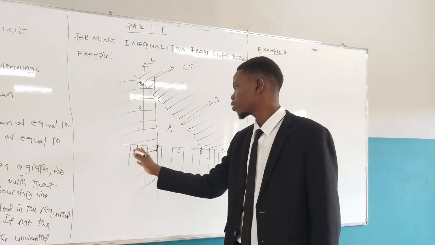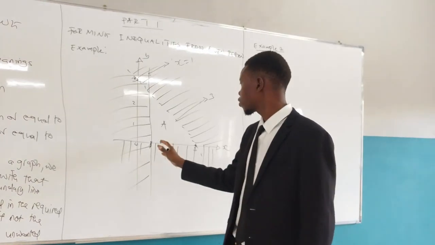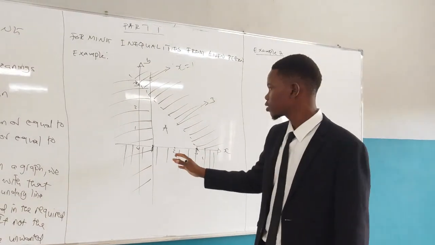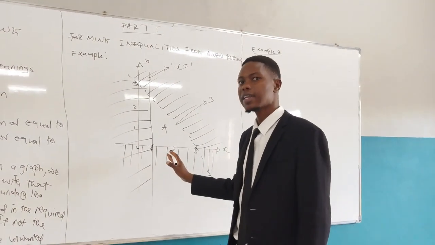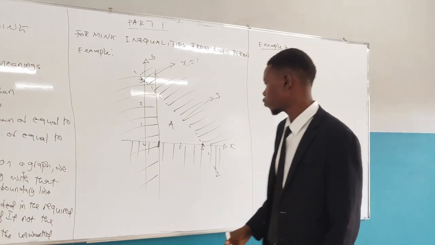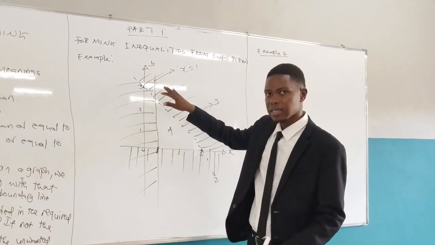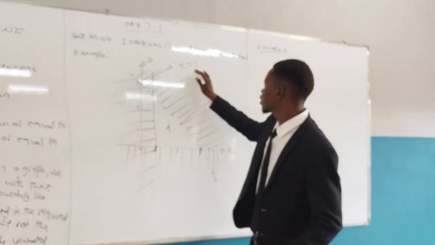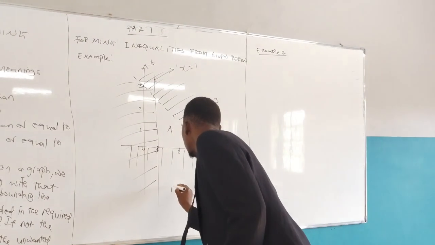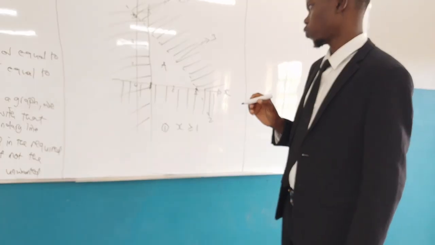As you go down here, there are 0 and negative numbers. Those numbers are less than 1, while these numbers are greater than 1. That means this side talks about the greater numbers because they haven't been shaded. Therefore, considering that this line is solid, the inequality is x greater than or equal to 1.